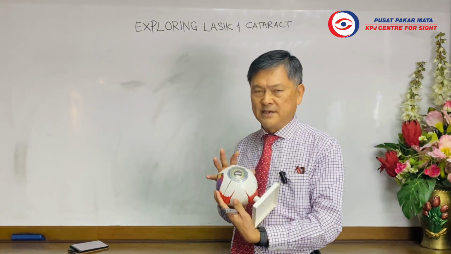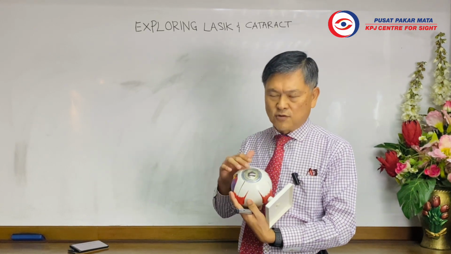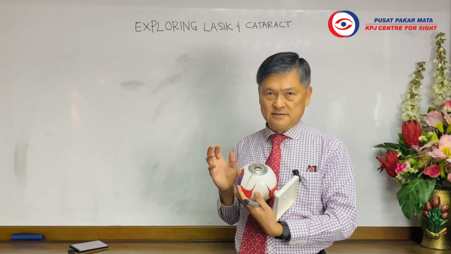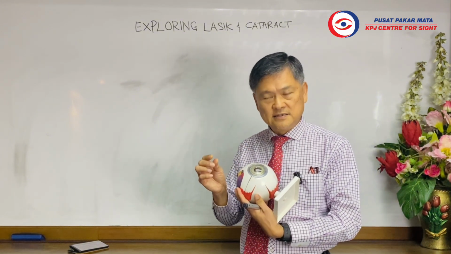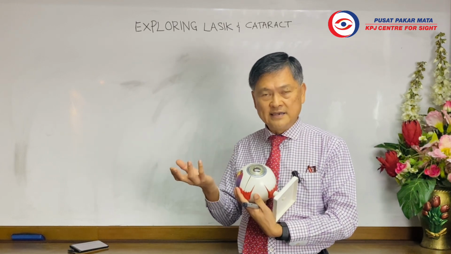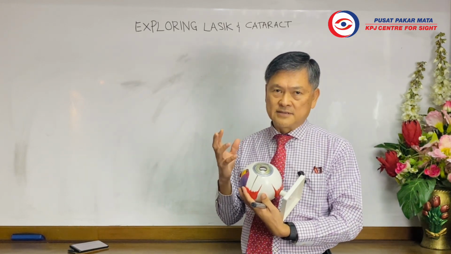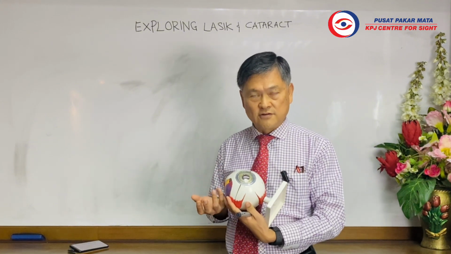Sometimes the eye may be completely healthy, but the cornea may not be suitable for the procedure. For instance, the cornea is too thin, or the refractive error is too high, then the candidate may not be suitable for laser vision correction.